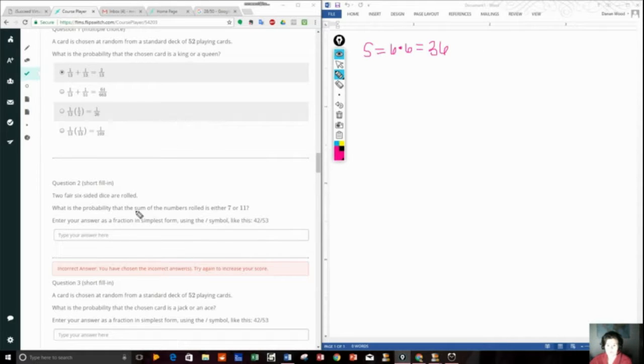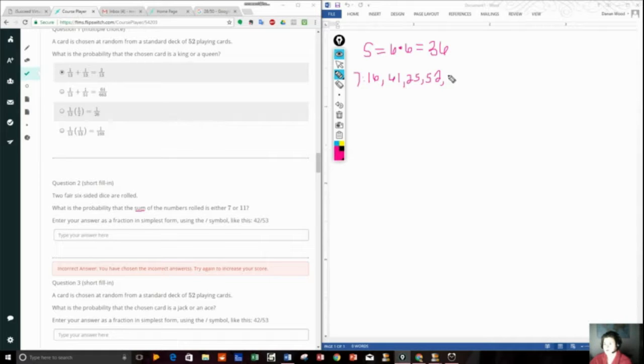Okay, now we're talking about the sum of the numbers rolled is either a 7 or an 11. So how many different ways can I create 7 when I roll dice? Well, I could roll a 1 and then a 6, or I could roll a 6 and then a 1. I could roll a 2 and a 5, or I could roll a 5 and a 2.